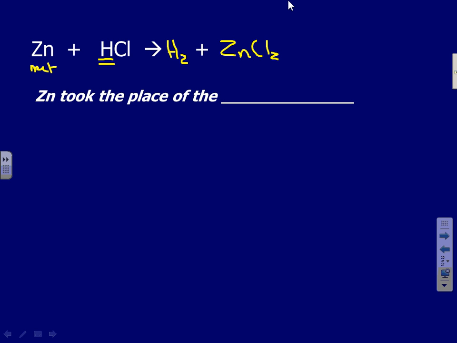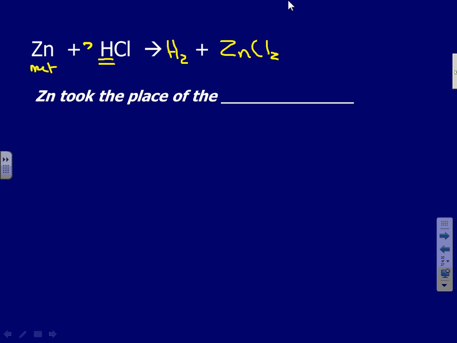So when you do a chemical reaction, you've got to use your knowledge of chemical formulas in order to get the proper formulas. Now, in order to do this right, we should balance it. What do I need to put to balance this reaction? Yep, Tom?